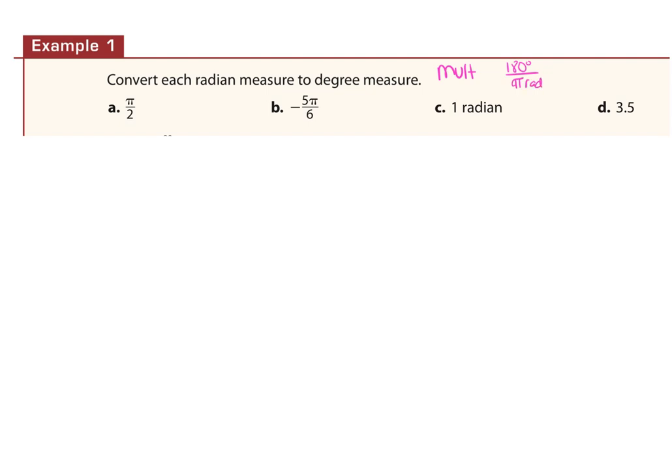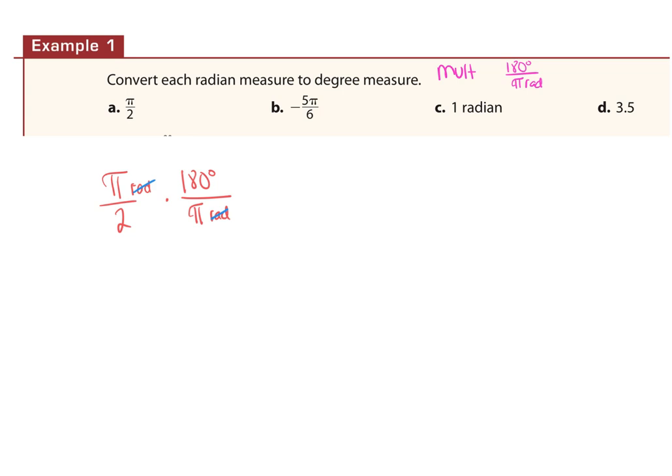Think about conversion like you do in chemistry or any other math class, right? So I start with pi over 2 radians. If I want to convert that, my radians should now be in my denominator, so that's going to be 180 degrees over pi. That's where I get rid of those radians. You'll see those radians cancel out and I'll be in degrees.